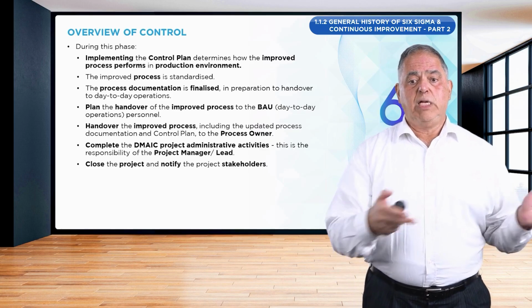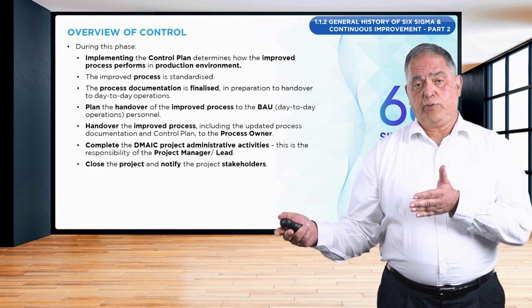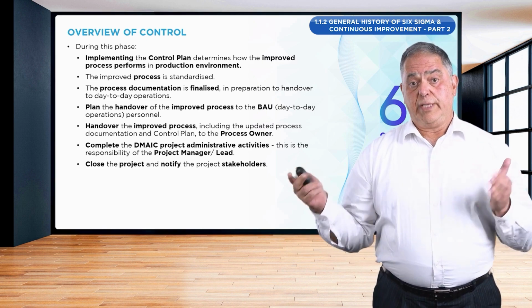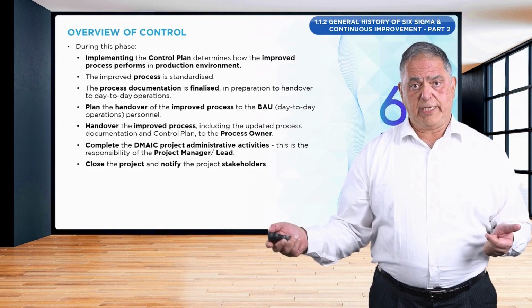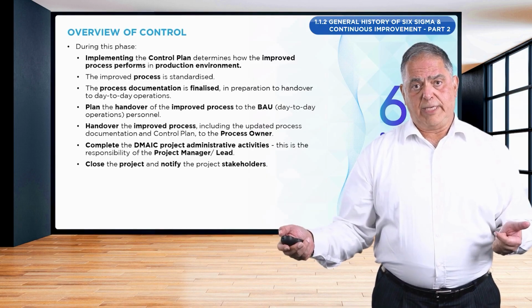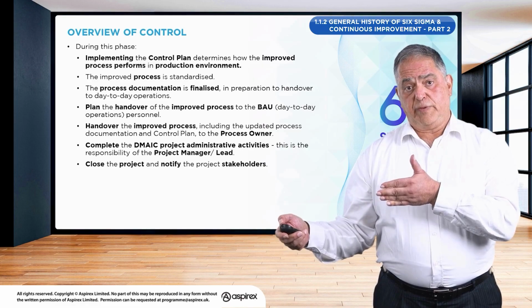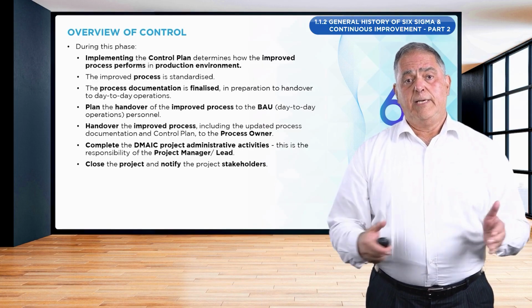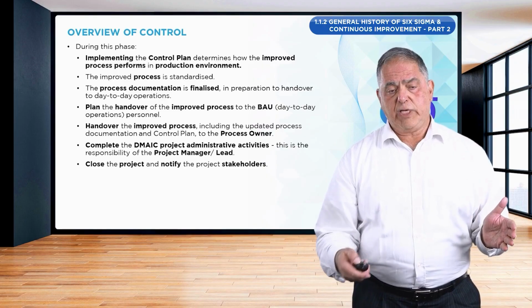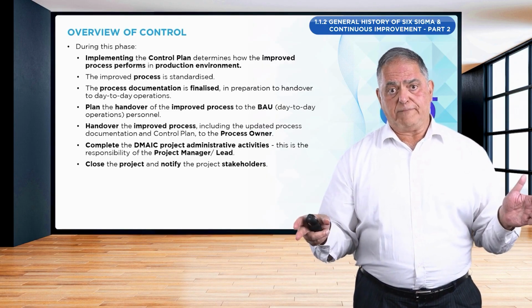So we hand over from the project to the day-to-day operations the improved process, the associated documentation, and the control plan. And this now is in the hands of the process owner, who will take custody of the improved process. At this stage, we have more or less completed the project.